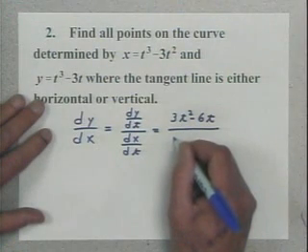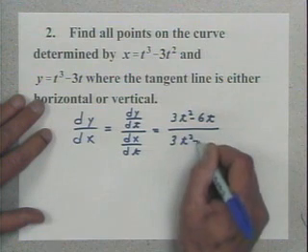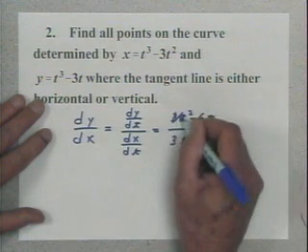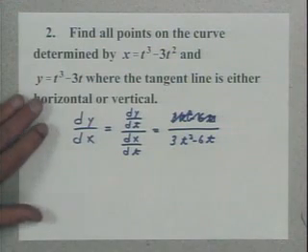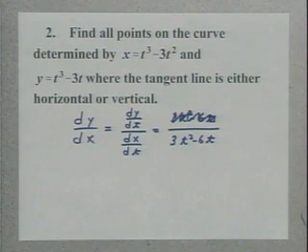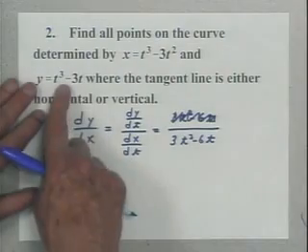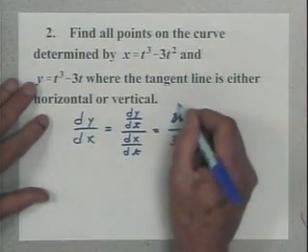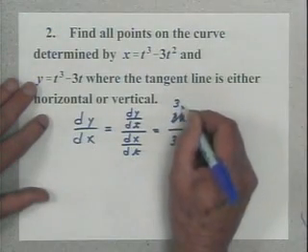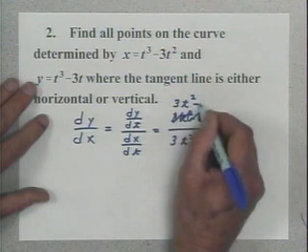What about the derivative of y? I want him on the bottom. I don't want him on top. On top I want the derivative of y with respect to t. Okay, what's the derivative of y with respect to t? 3t squared minus 3.